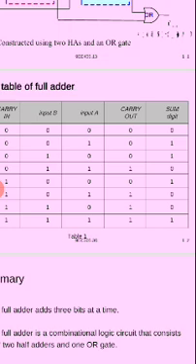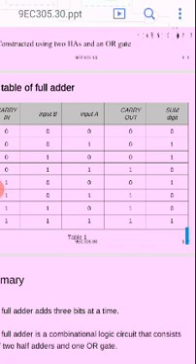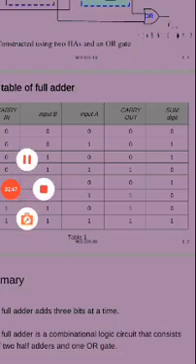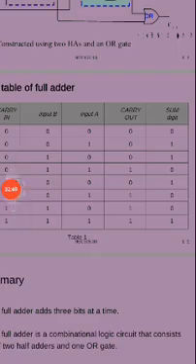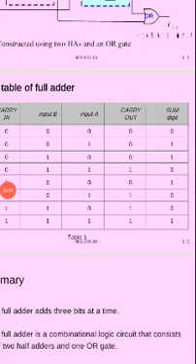For the 1 1 1 combination, carry output is 1, sum output is 1. This is the truth table of the full adder.